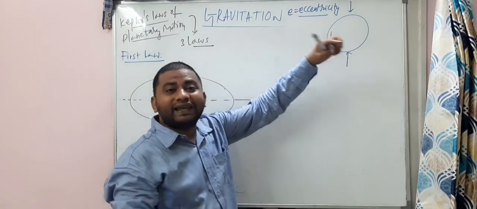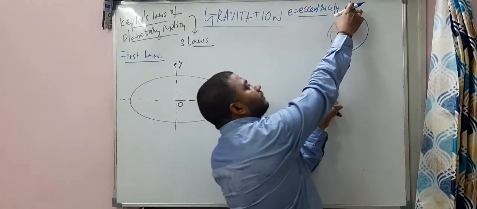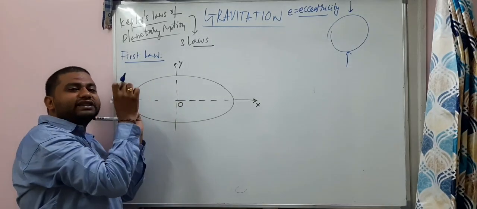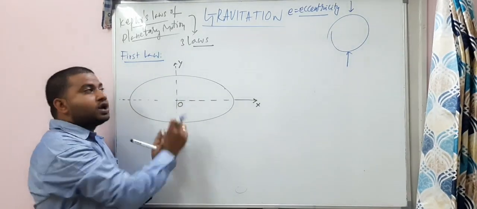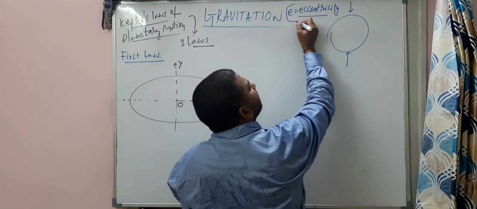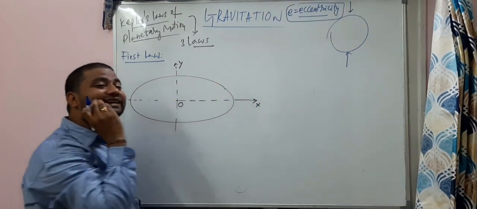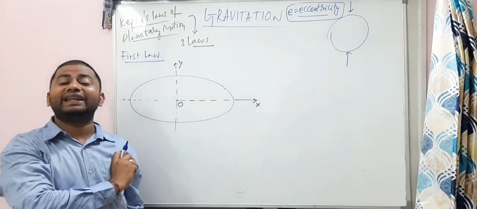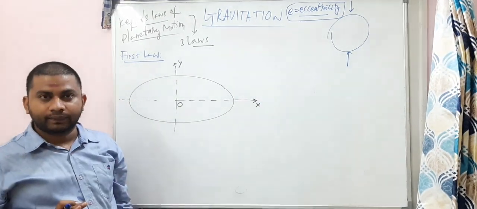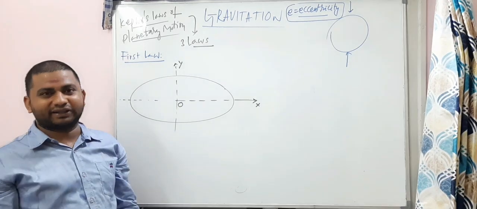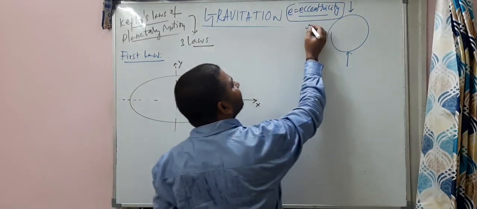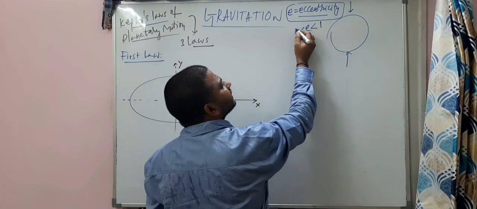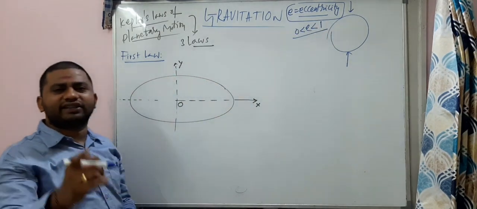By applying compressive forces from both ends, the ellipse is formed, and how oval it is, we get to know by using this value called eccentricity. Eccentricity value will be there for any ellipse you consider. This is the basic mathematics. And this eccentricity value will always be less than 1 and greater than 0.